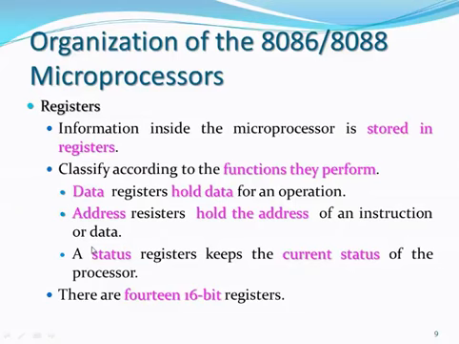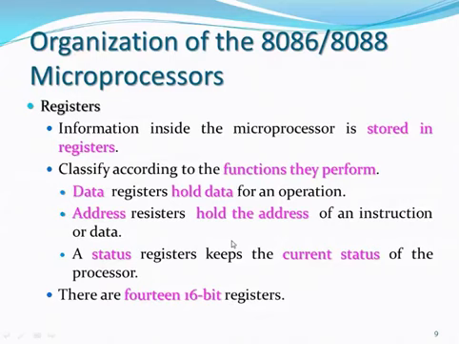The first is data registers, then address registers, and the status registers. Status registers are known as flag registers. All together you are going to have 14 16-bit registers.